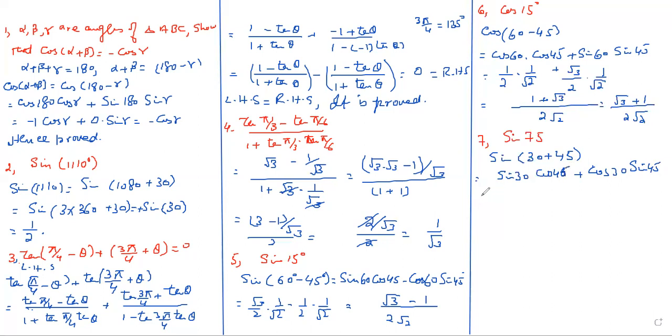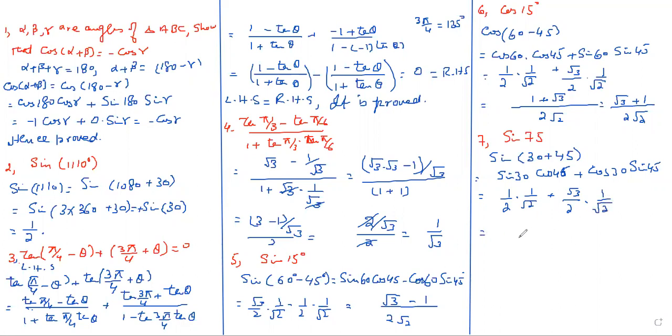So this will be 1 by 2, since sine 30 is 1 by 2, and cosine 45 is 1 over 2 root. Cosine 30 is root 3 over 2 times sine 45, which is 1 over 2 root.